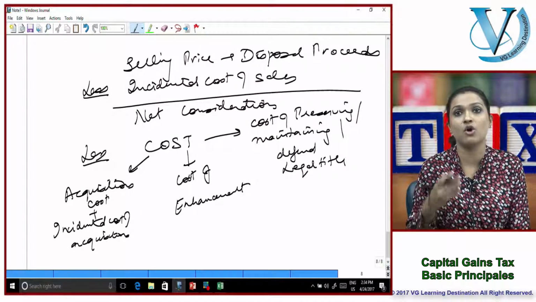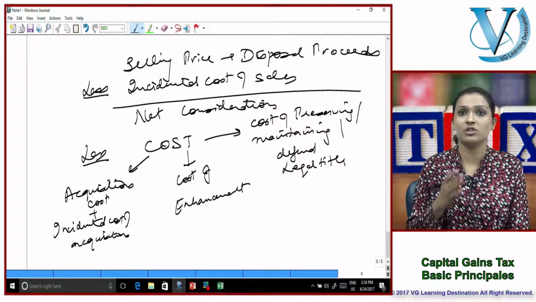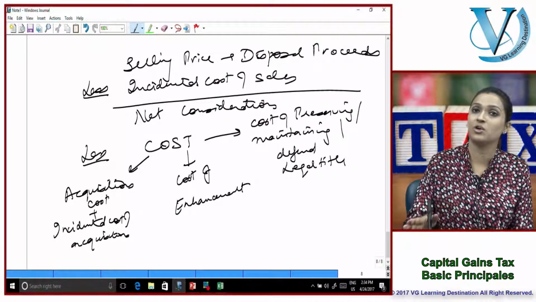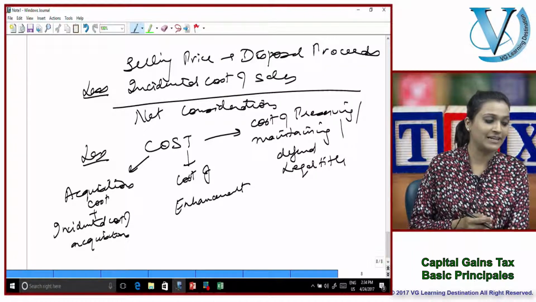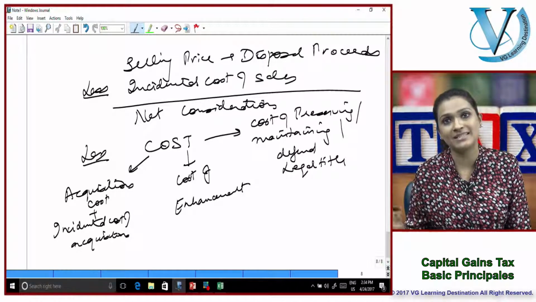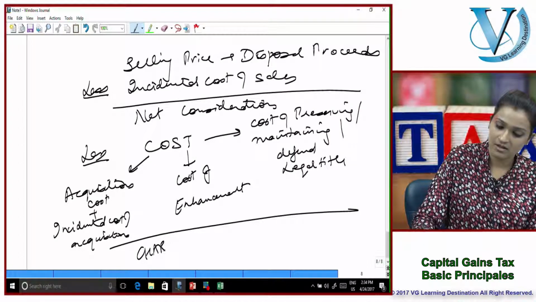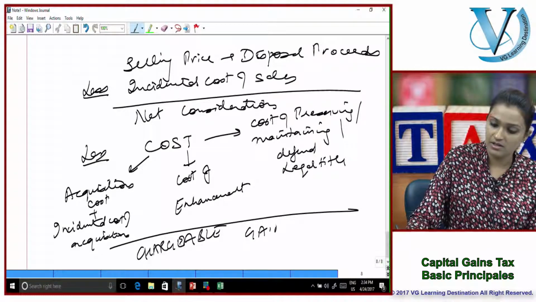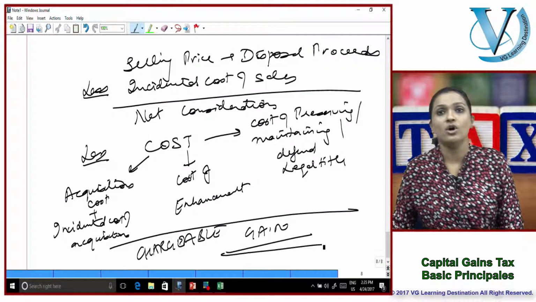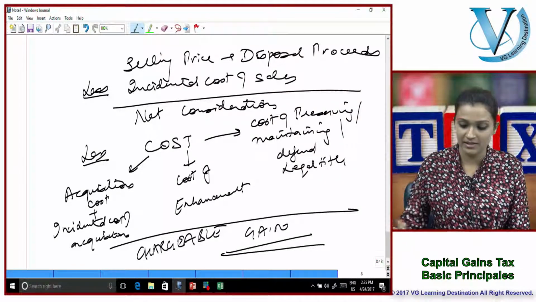It is very much a cost that you had to incur on the particular asset which is now being subsequently sold off. So definitely you need to reduce all these three types of costs in order to arrive at a chargeable gain. So this is how you arrive at a chargeable gain.